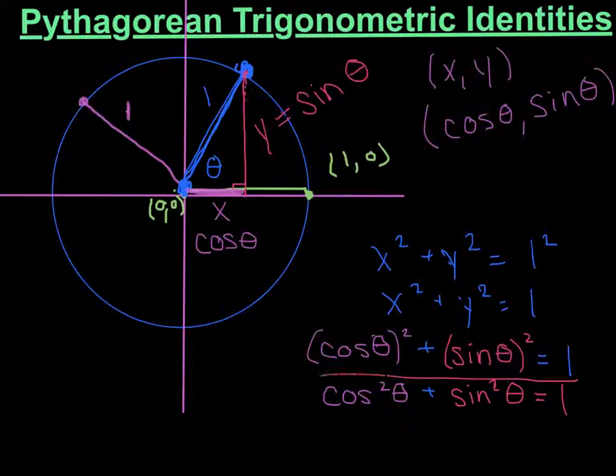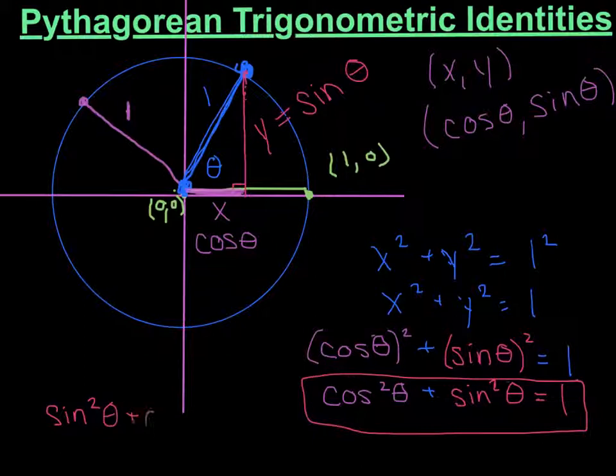And that is your first Pythagorean identity. And again, it's something that you need to remember for the Regents. They don't give it to you, and they like to use this one the most often. So cosine squared plus sine squared equals 1. Or they can reverse it and say sine squared theta plus cosine squared theta equals 1. Either way, it's the same. That's just using the commutative property and rearranging it.